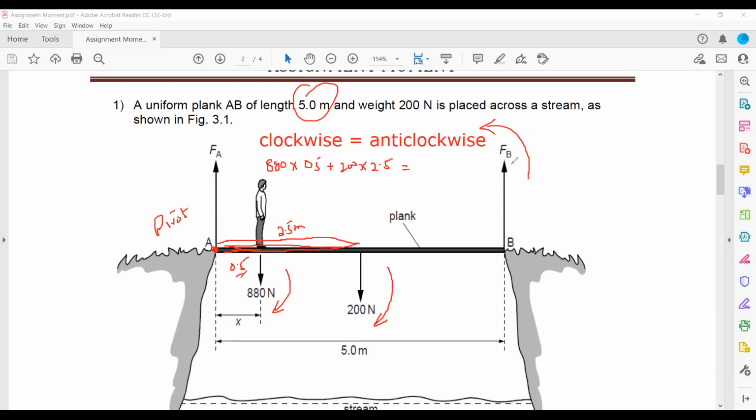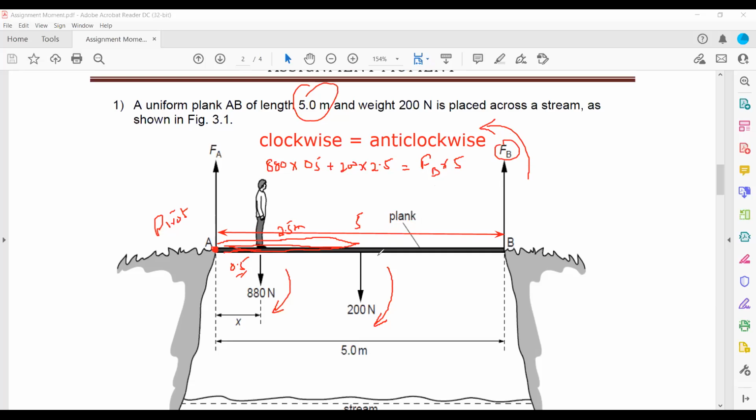Equal to the anti-clockwise moment, so it will be FB multiplied by the distance from the pivot. So what is the distance from the pivot? Because the total length of the plank is 5 meters, this will be 5. So it will be multiplied by 5.